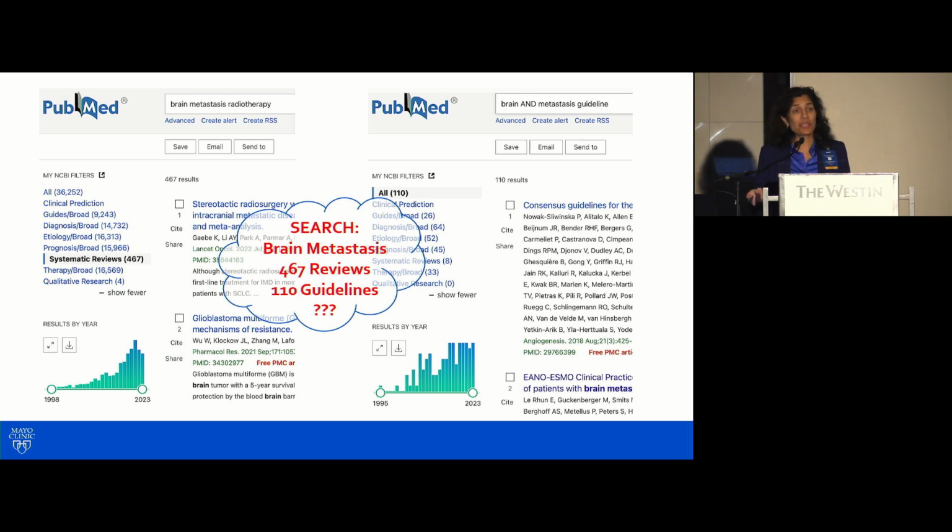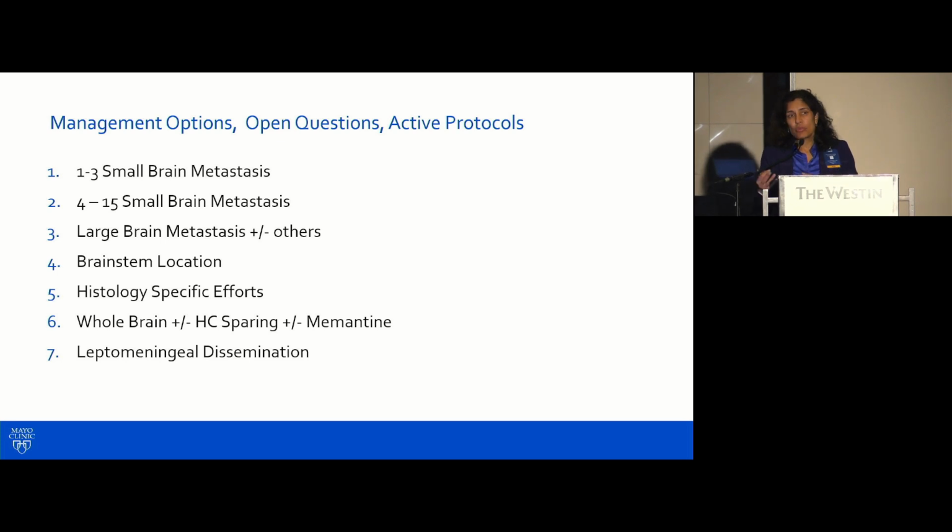Sometimes you make your own guidelines with what you have in front of you. So the way I've approached this talk is to look at the 7 different types of brain involvement that we see. Some are easy, some are harder, just to think about what our options might be.